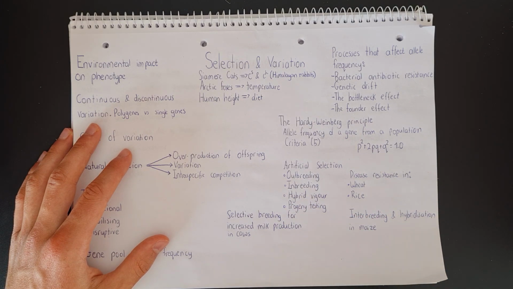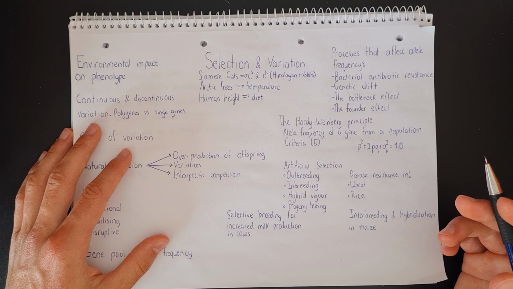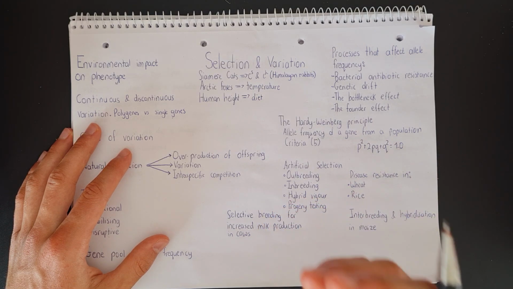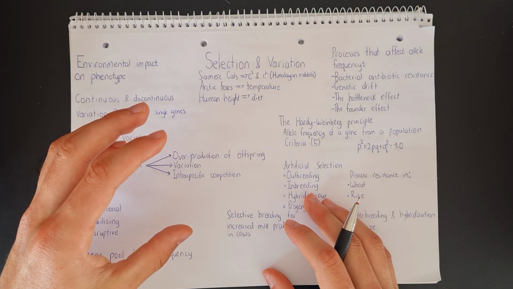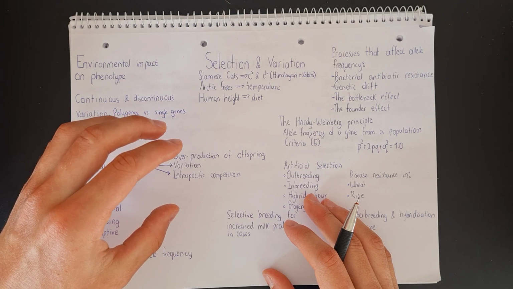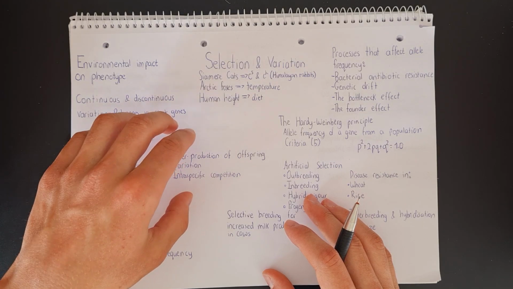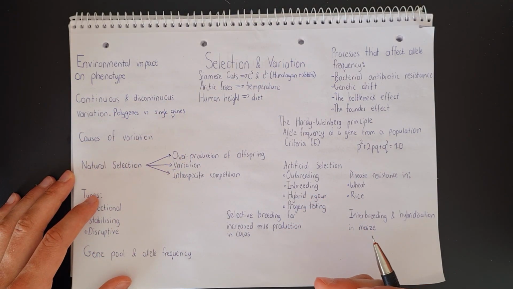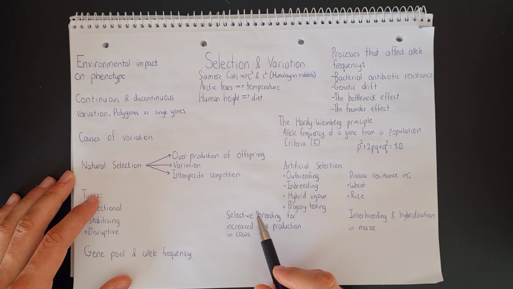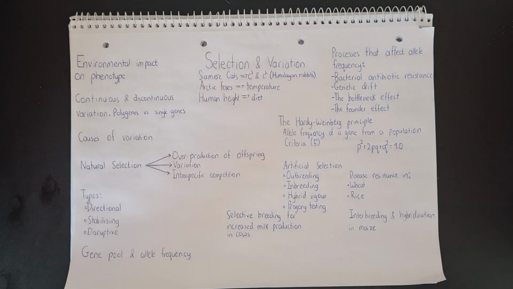We can store it if we need to, with cryopreservation, and then we can fertilize the oocytes, the eggs of the cow, via artificial insemination. Okay, so that is how we could do selective breeding for an increase in milk production in cows.